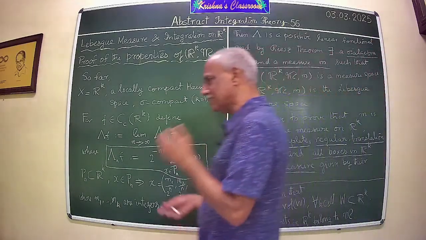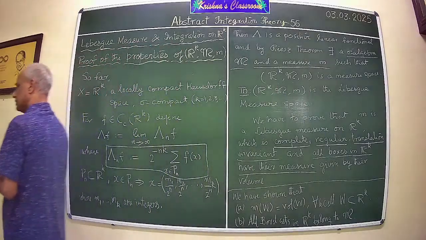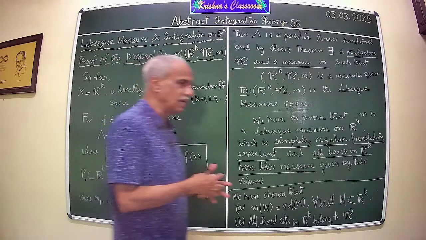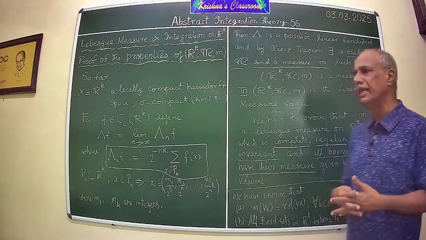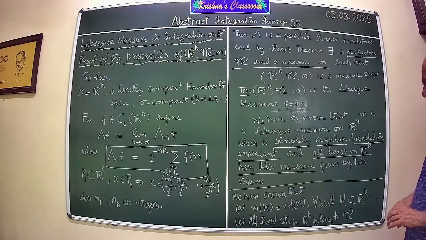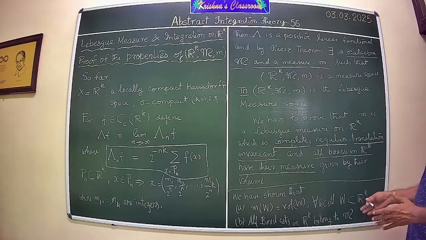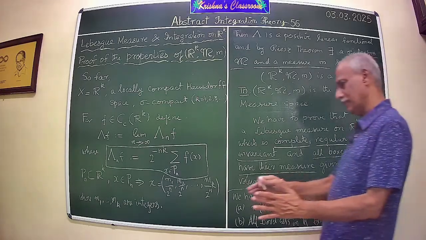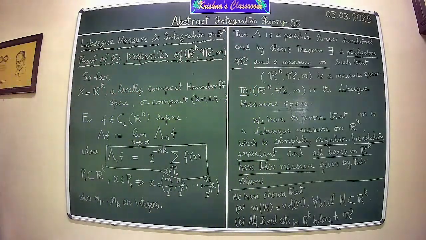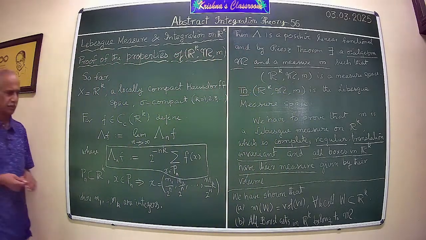That is, a countable intersection of open sets is what you call a G delta. So all G delta sets are also in the sigma algebra. Similarly, you take closed sets and take a countable union of them.